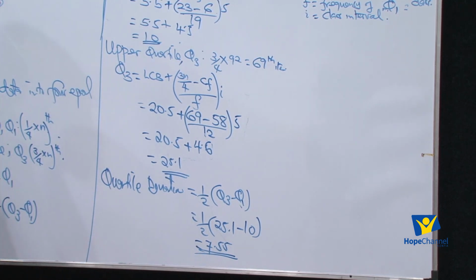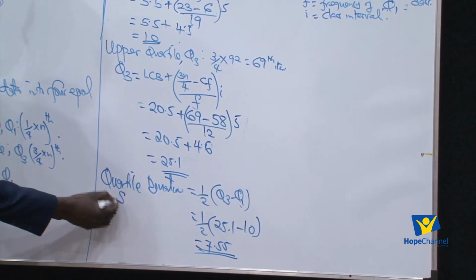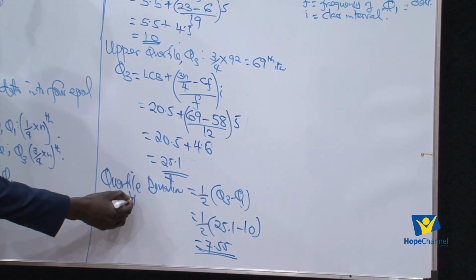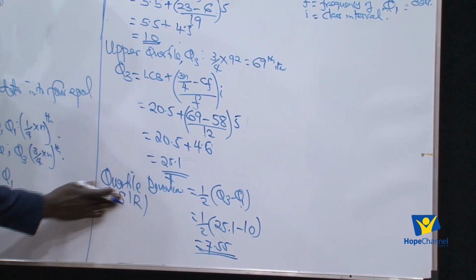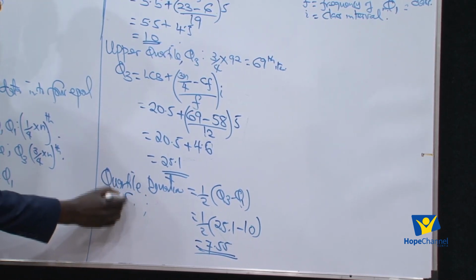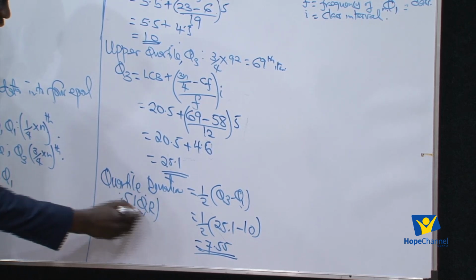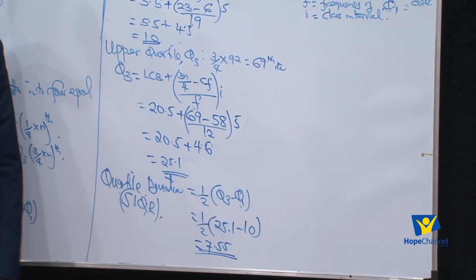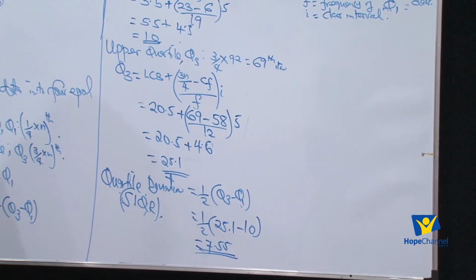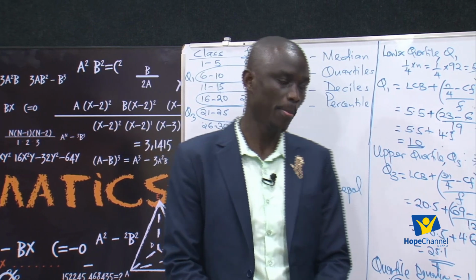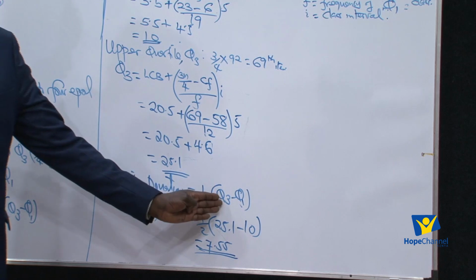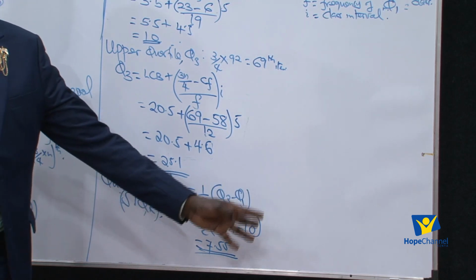If you're asked to find the quartile deviation, or what we call the semi-interquartile range, you just say it is a half of Q3 minus Q1.